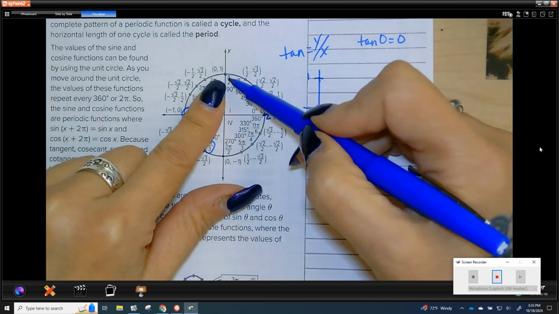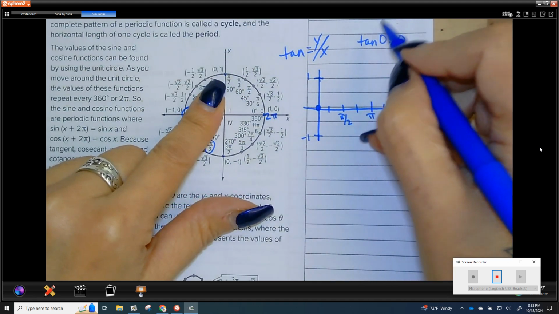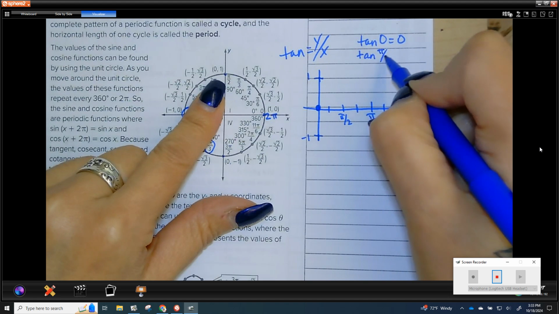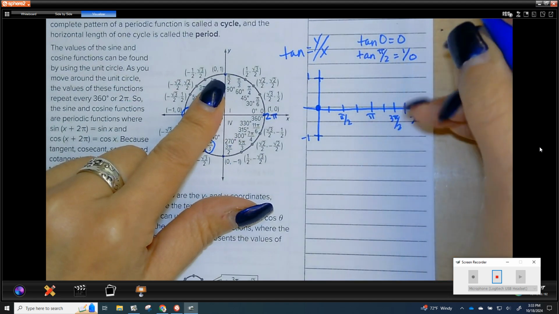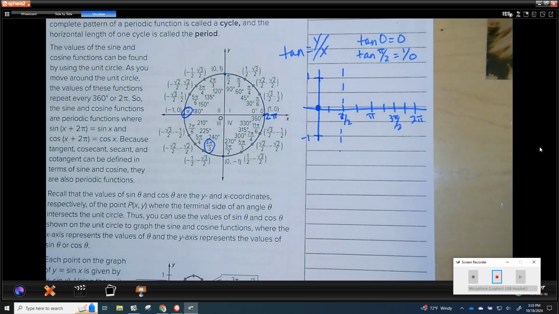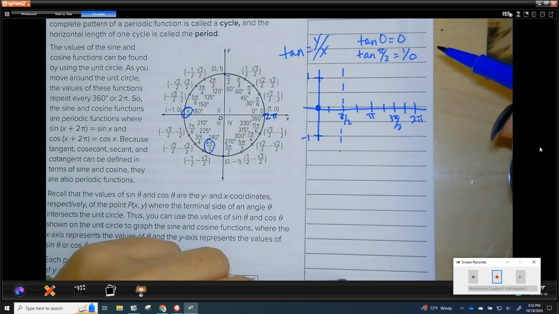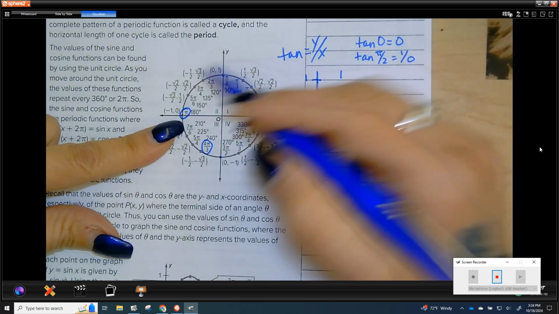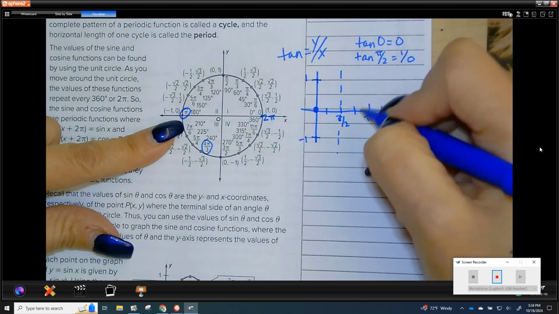Pi over 2 is 1 over 0, which is undefined. So at pi over 2, the graph doesn't exist there, so we do an asymptote at pi over 2. Then I'm going to jump to pi, and it's 0 divided by negative 1, so that's 0.